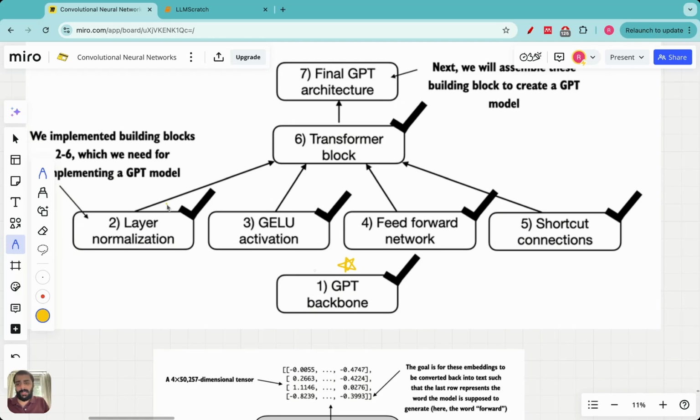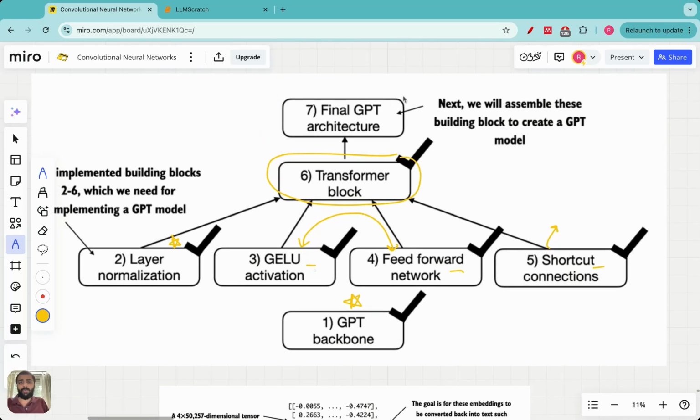Initially, we learned about layer normalization and wrote code for it. Then we wrote the code for the feed forward neural network along with the GELU activation. Then we learned about shortcut connections and wrote code for that. And in the previous lecture, we also wrote the code for the entire transformer block, in which the layer normalization, the GELU activation, the feed forward neural network, and the shortcut connections all come together.